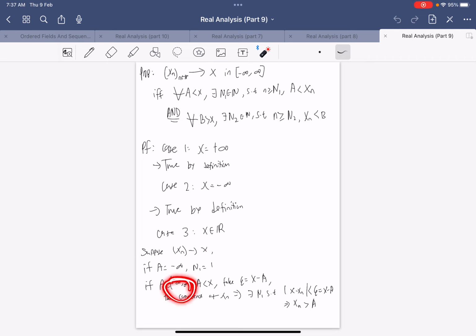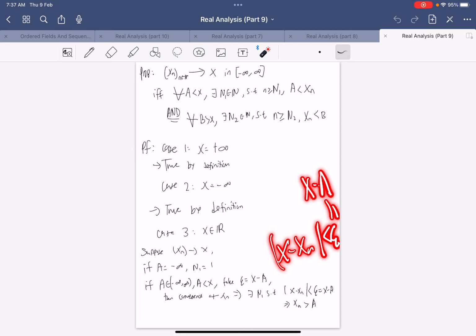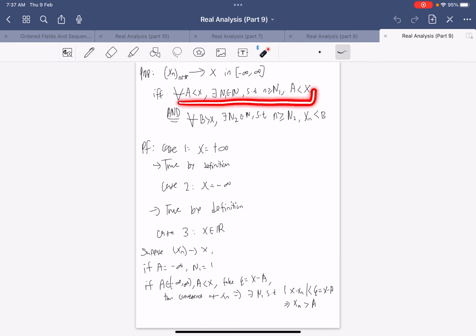And if a is a real number less than x, then we can take epsilon to be x minus a, and xn converging to x. The convergence of xn will imply that there is a cutoff such that x minus xn is less than epsilon, and this epsilon is x minus a. And so this will imply that xn is greater than a. And so you have shown this part.